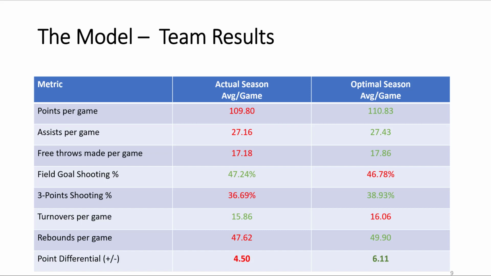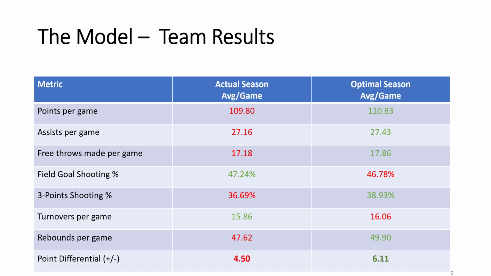The optimal season performs slightly better in all major statistics except turnovers per game and field goal percentage. The key improvement, however, is the increase of the point differential from 4.50 to 6.11.